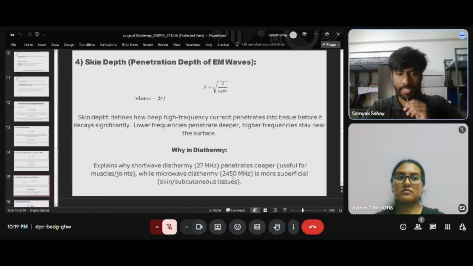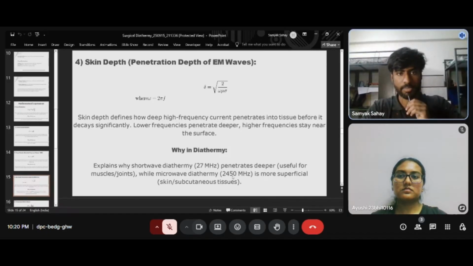Why is it used in diathermy? It explains why short wave diathermy, that is 27 megahertz, penetrates deeper and is useful for muscles and joints, while microwave diathermy is more superficial. Moving on to the next equation.